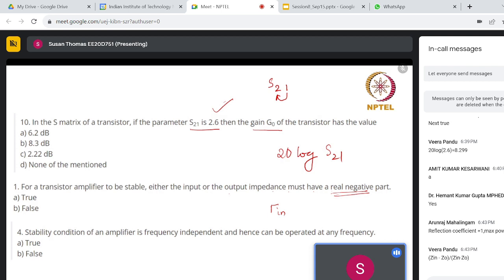Similarly, at the source side, if you want to deliver maximum power from the source to the transistor, then the reflection should be minimum. So another equation is Z in minus Z naught by Z in plus Z naught.